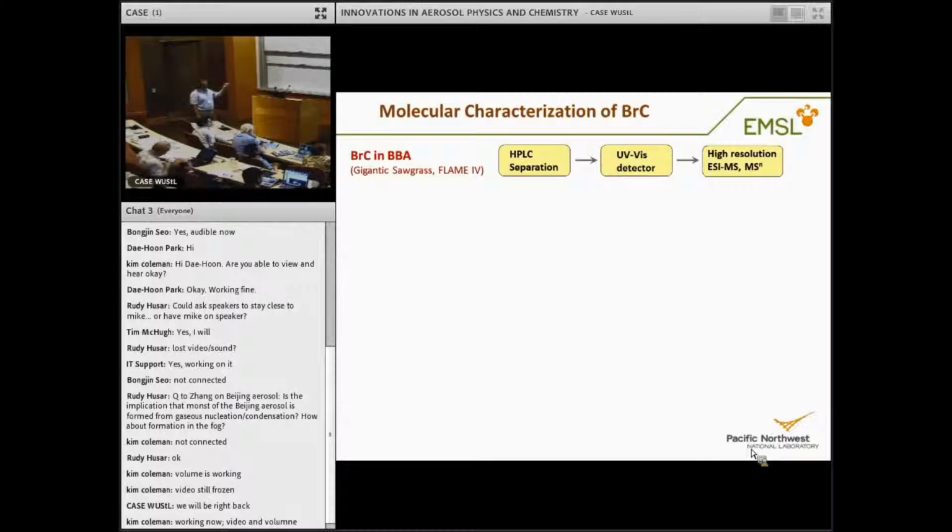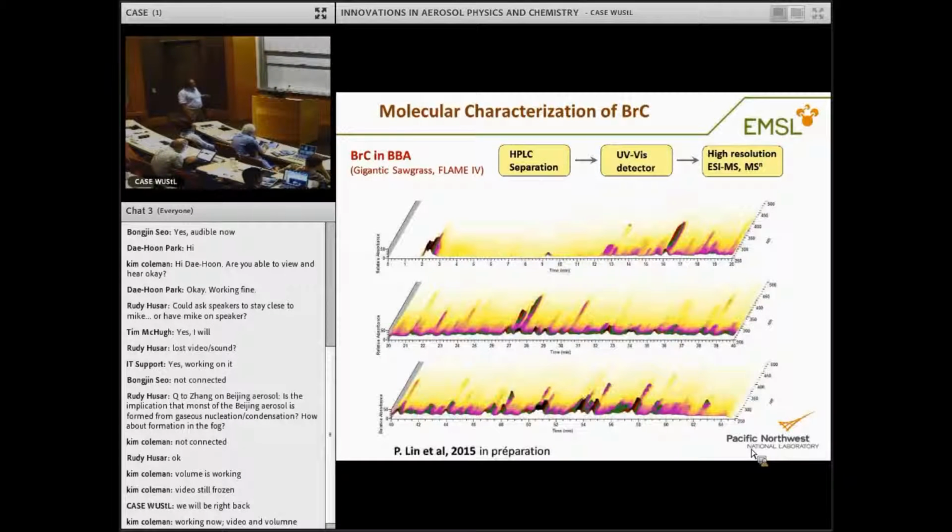Now, here's the thing. I was talking so far about the laboratory-generated system. Even that system is quite complex, and it's an effort to digest the brown carbon information. But of course, the brown carbon material from biomass burning is even more complex. Nevertheless, by using this technique, we can separate different light absorbing components of this material, and this is our ongoing work.